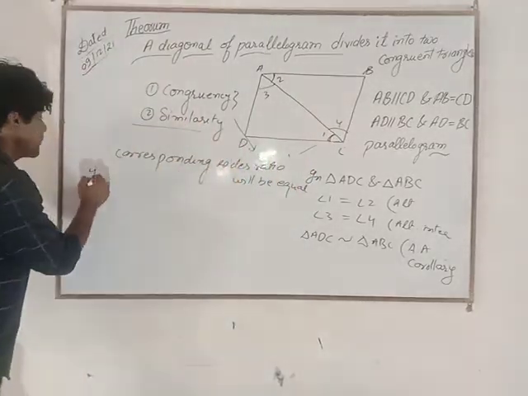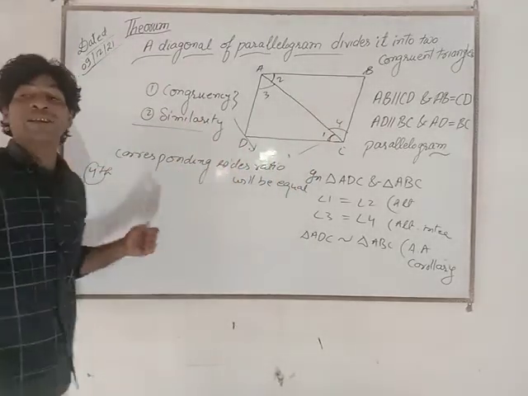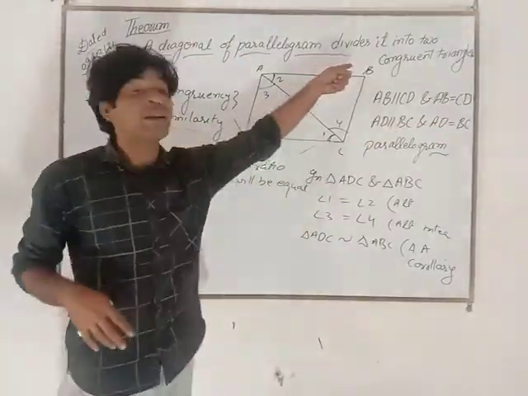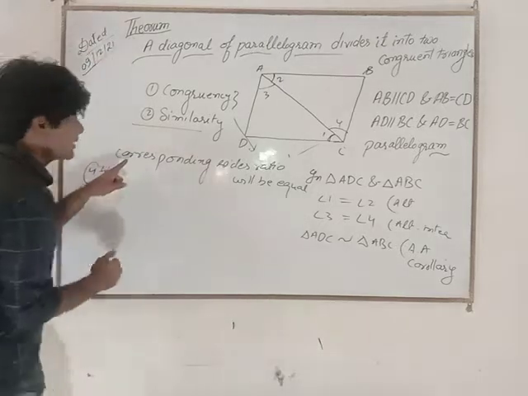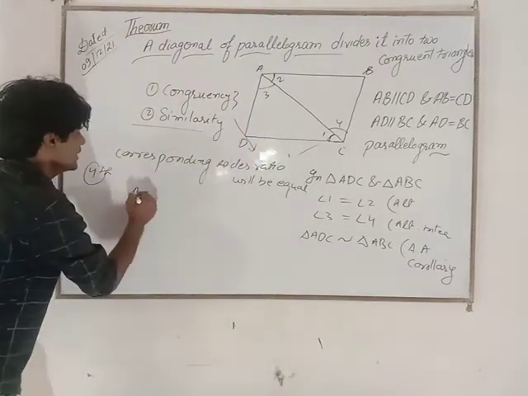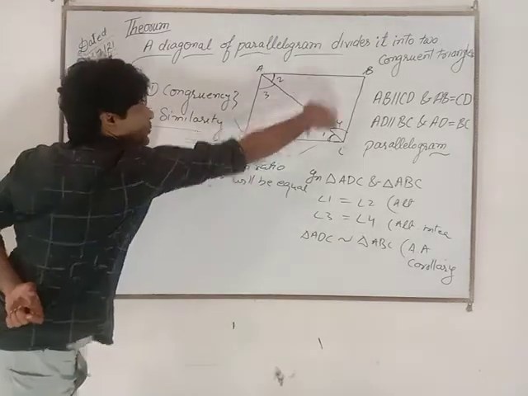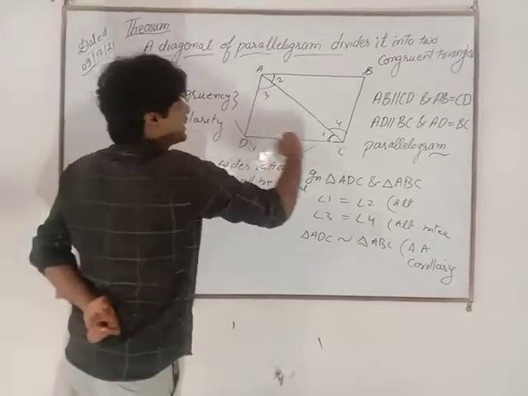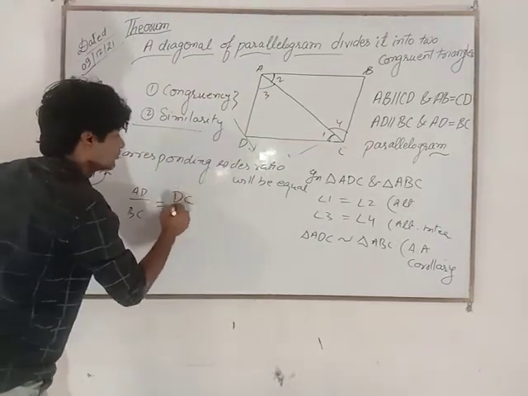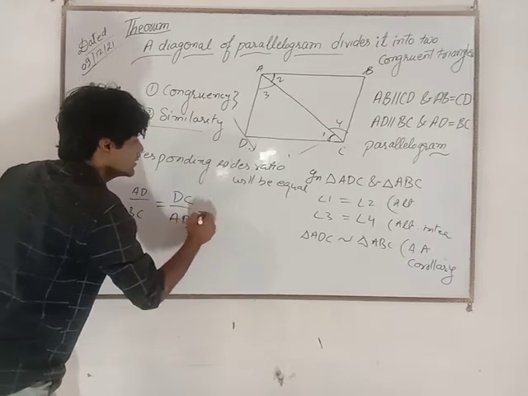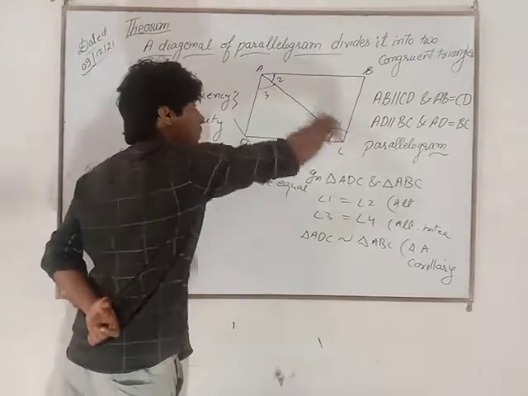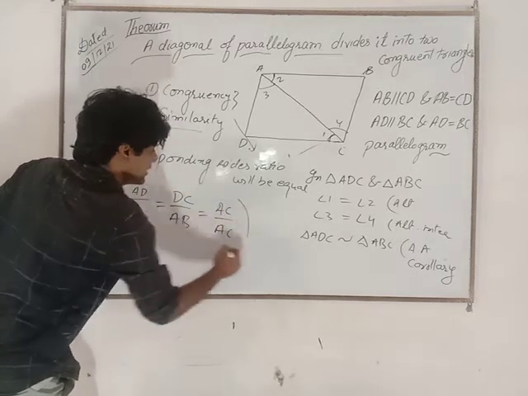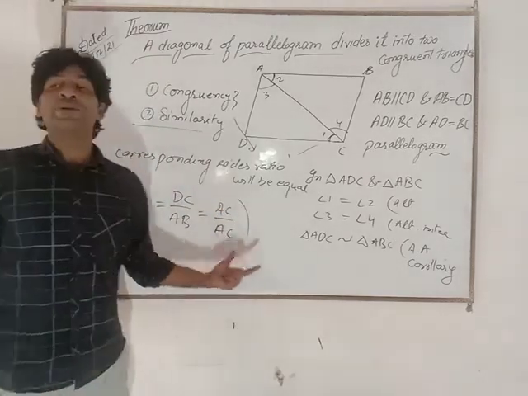Now you are seeing this is the fourth method, or fourth pathway, from which you are proving this very theorem, right? The corresponding sides ratio means AD upon BC is equal to DC upon AB is equal to AC upon AC.